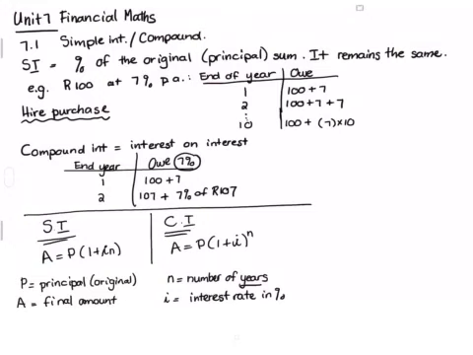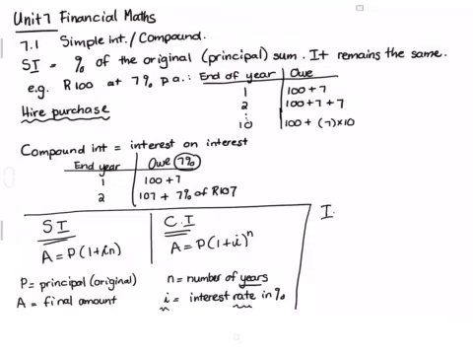So both of them count the same. Compound interest, it's to the power of n. And both of these formulas tell you how much you owe or you have by the end of so many periods. Remember the small I here is the interest rate.